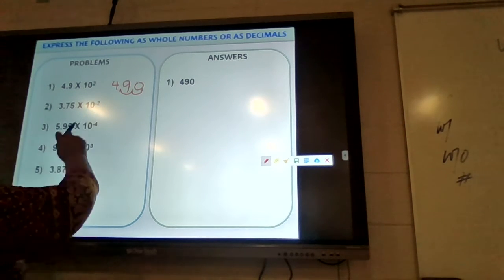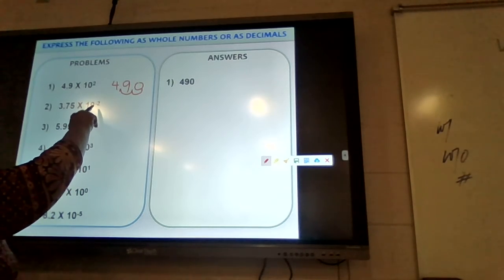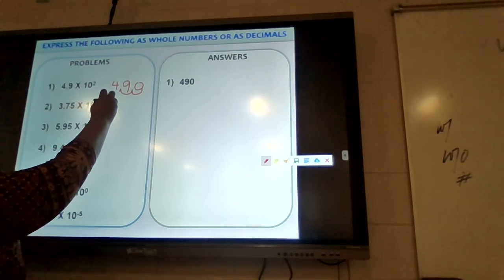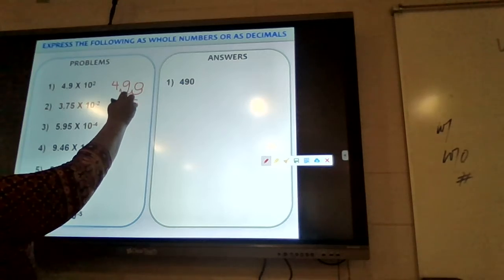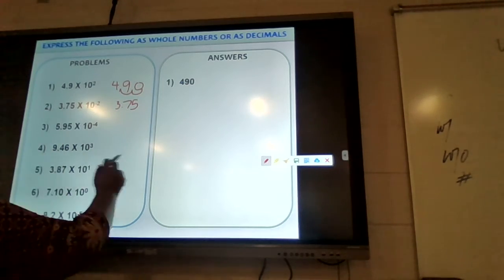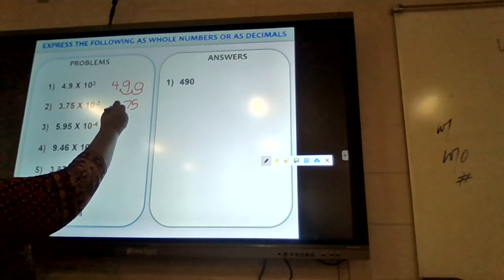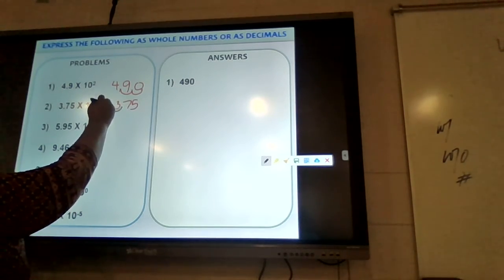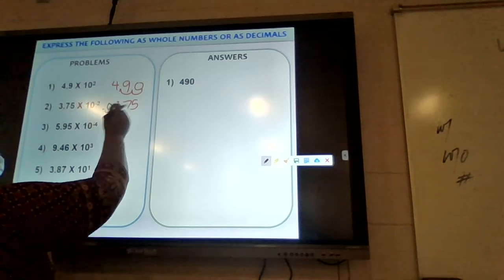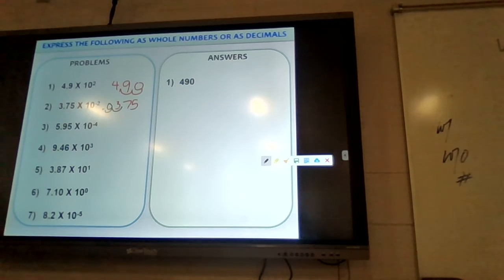Let's look at this one. This is negative, which means I moved it to the right at first. So I need to move it back to the left. So 1, 2, 0.0375.